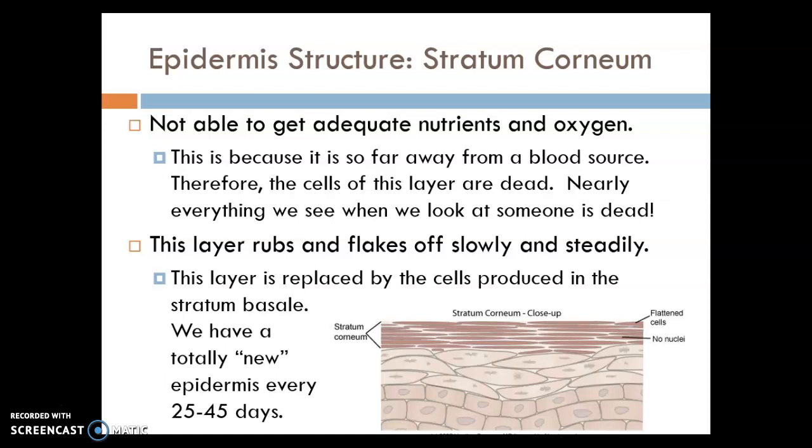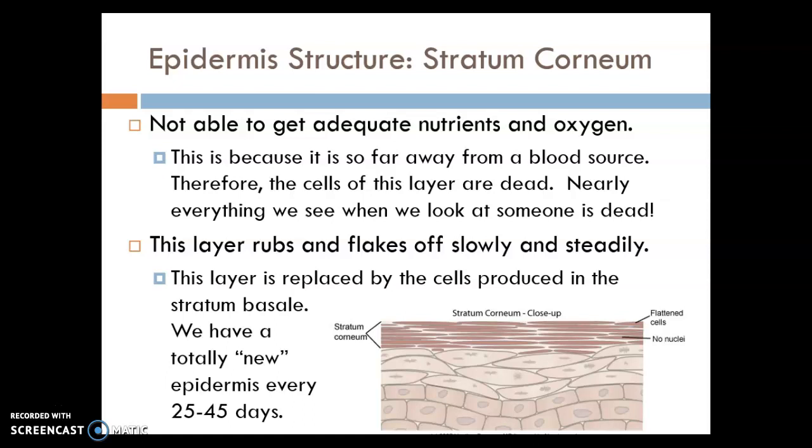Stratum corneum is not able to get adequate nutrients and oxygen because all the nutrients and oxygen come down from the dermis, and it's far away from that dermis. It's gotten quite a bit away from that dermis, so that's why these cells are now dead, and nearly everything we see on the outside is dead.